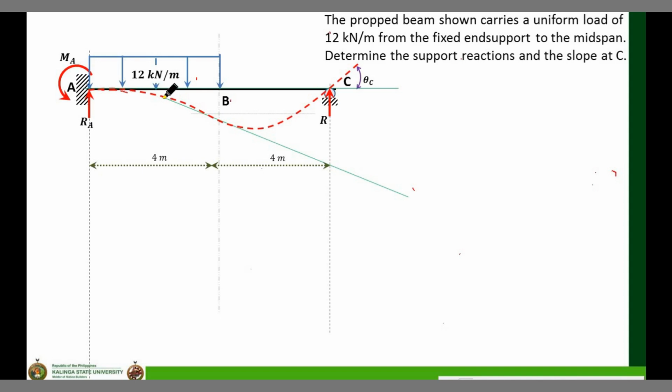But if your support is either hinge or roller, the elastic curve is curved right away. Now I am going to pass a tangent line at point A. That is a straight line. Then the tangent line passing through B is this one. What I am looking for here are the support reactions and the slope at C, as you can see in the diagram.